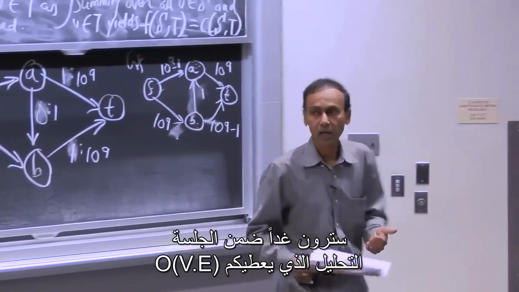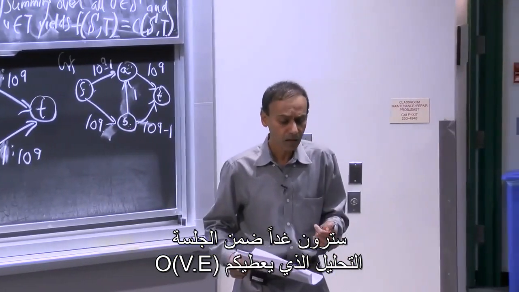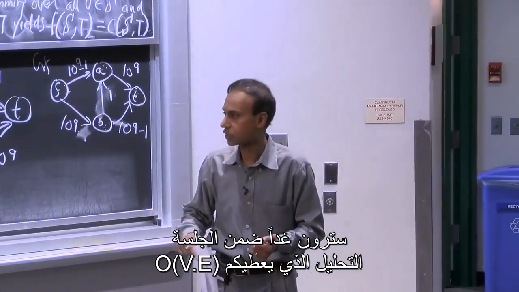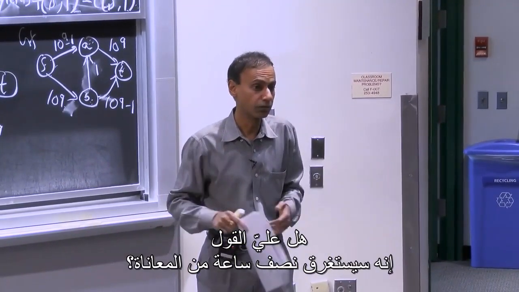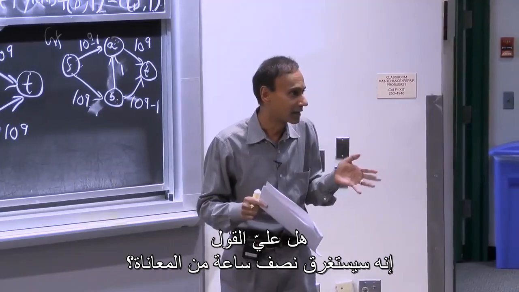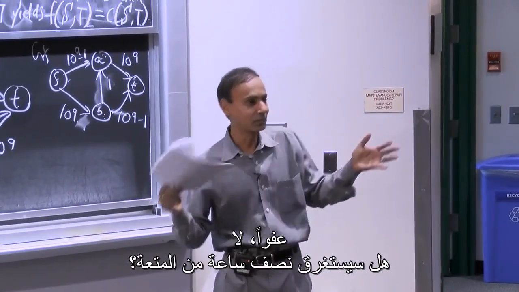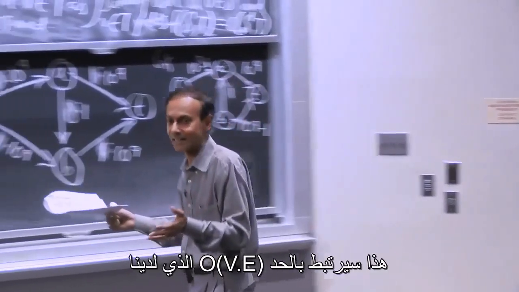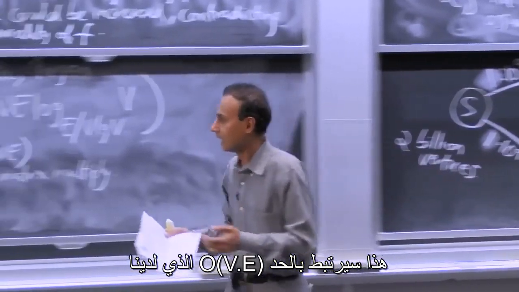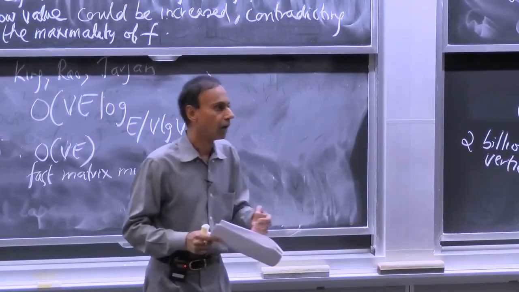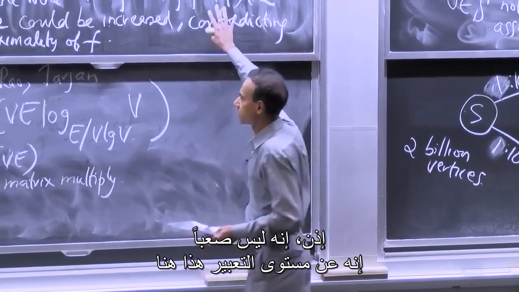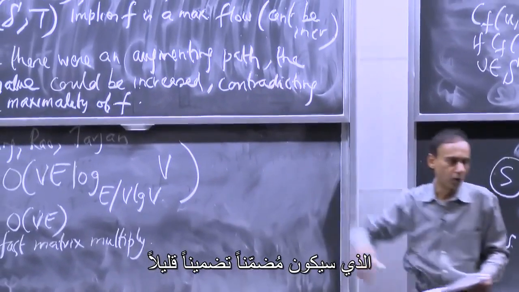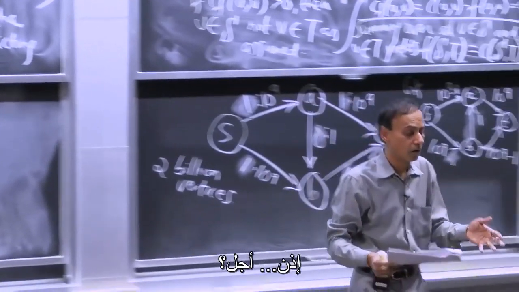Tomorrow in section, you're going to see the analysis that gives you the order VE bound, which is half an hour's worth of pain, should I say? No, half an hour's worth of excitement. So it's not that difficult. It's about the level of this thing over here, maybe a little bit more involved.